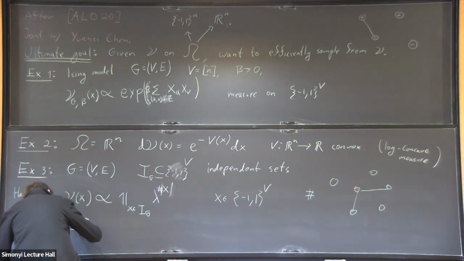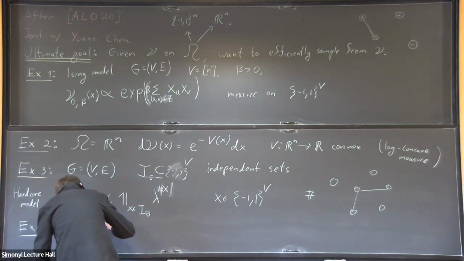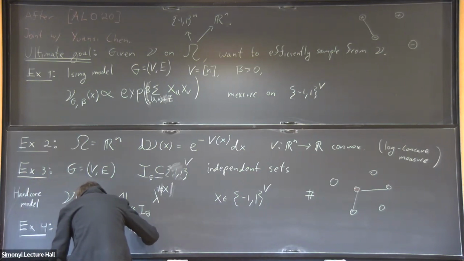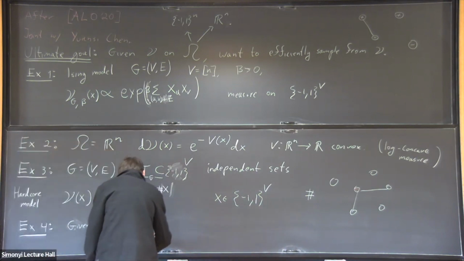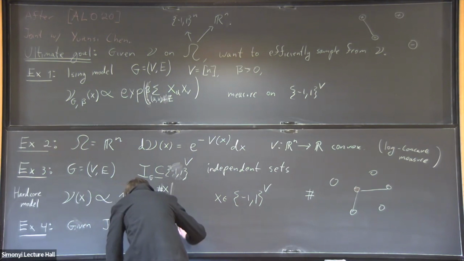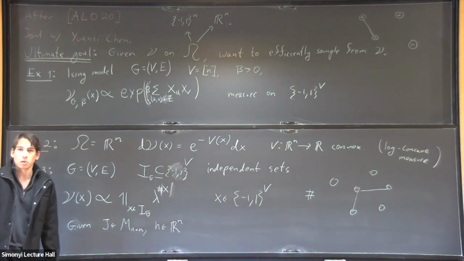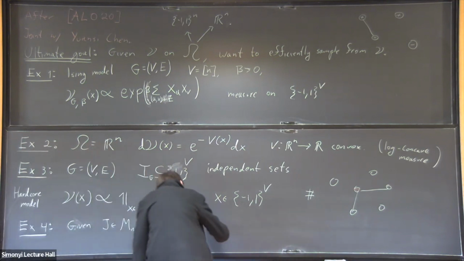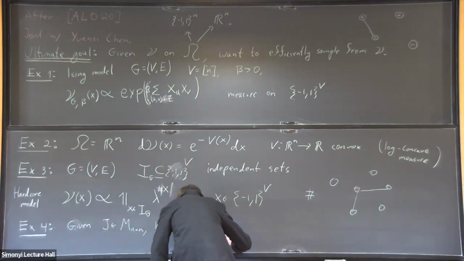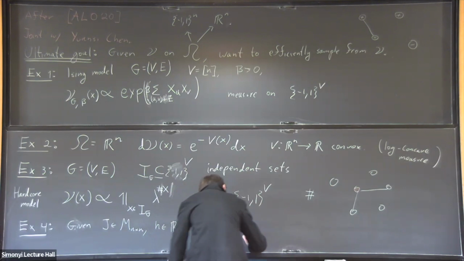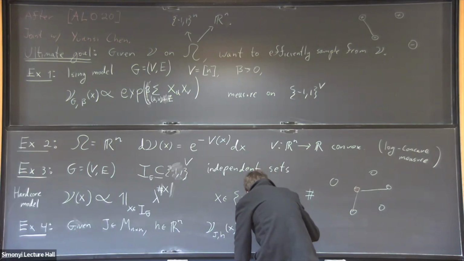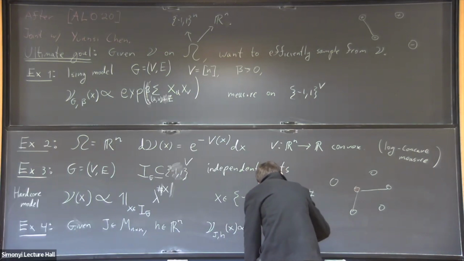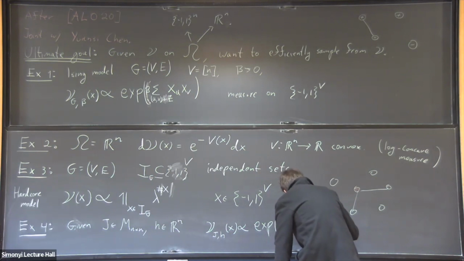So given J, an n by n matrix that we call an interaction matrix, and H in R^n, which we sometimes call an external field, mu of J and H at X will be proportional to e to the, there's usually a minus, but let's not put it, 1/2 x^T J x.